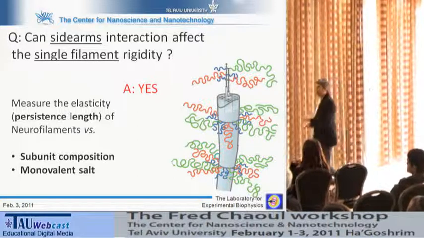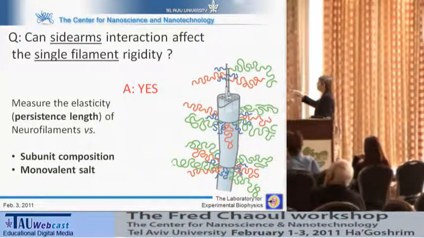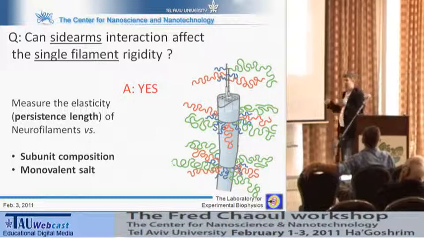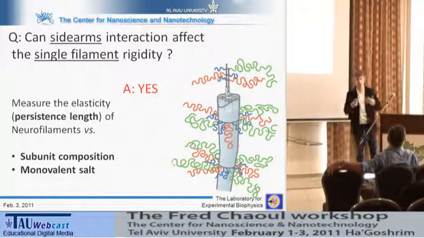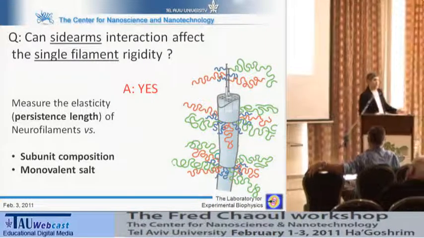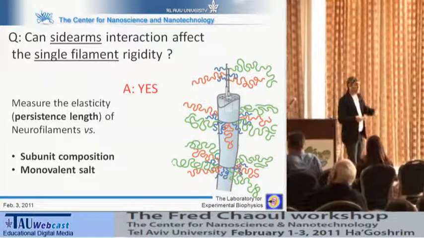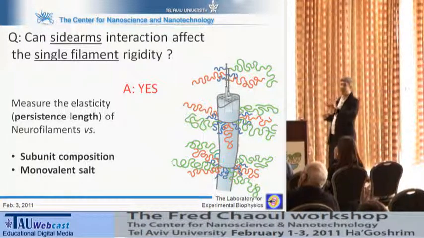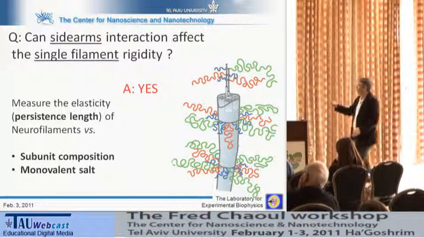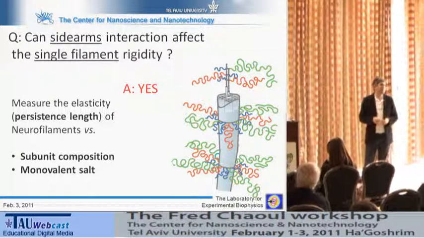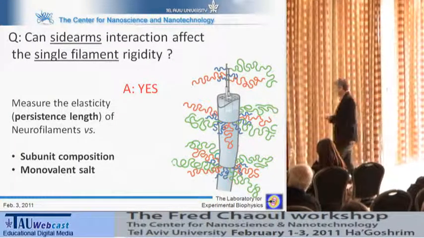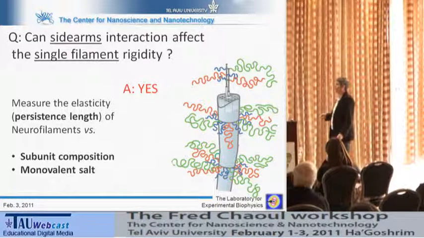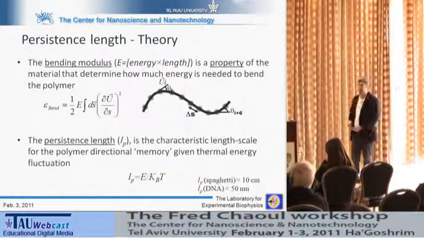And the second thing that I'm going to change, as I told you, these tails are very much charged. So I'm going to change the salt in the solution and measure the effect of changing the electrostatic interactions on the persistence length. How does that impact the persistence length values? So this is the task.